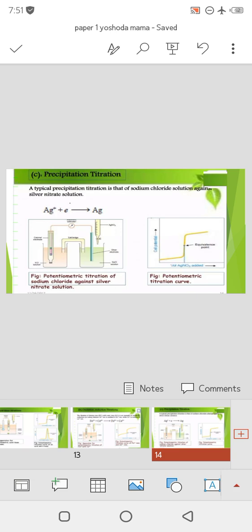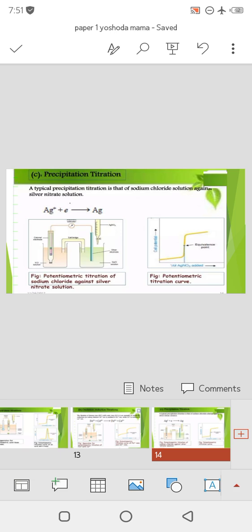precipitation titration. A typical precipitation titration is that of sodium chloride solution against silver nitrate solution. We know that already. Ag+ + e- gives Ag. This is the reaction. So we can first observe in this diagram.